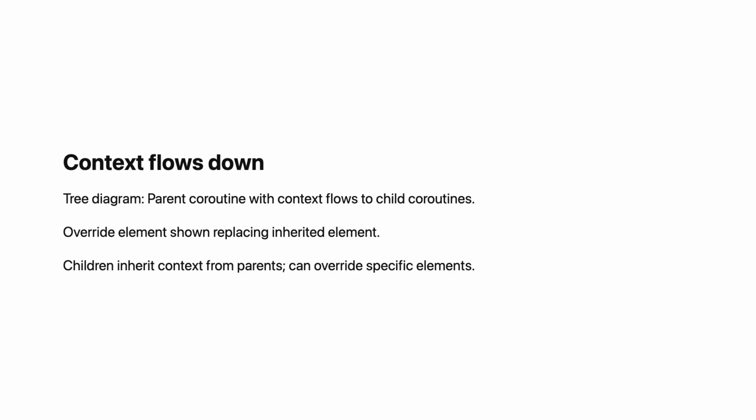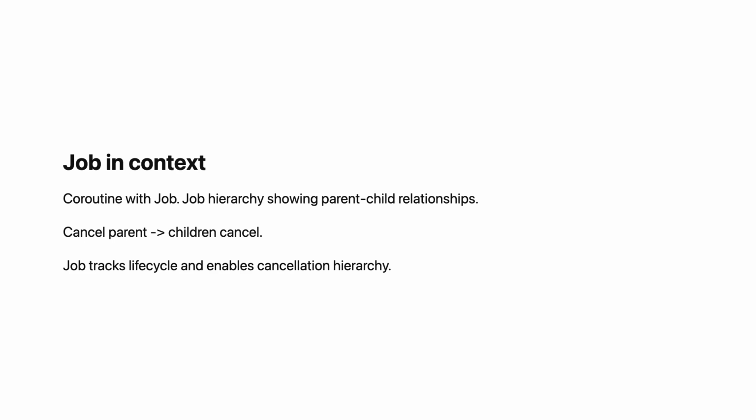Child context equals parent context plus any elements you specify. Specified elements override inherited ones. This makes code cleaner. Set the context once at the top level. Children inherit without repetition.